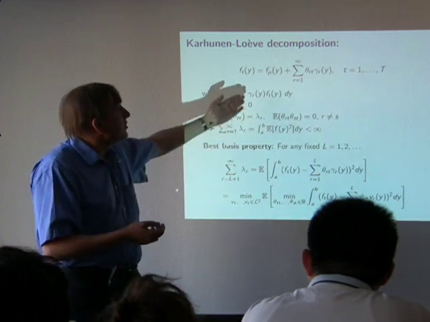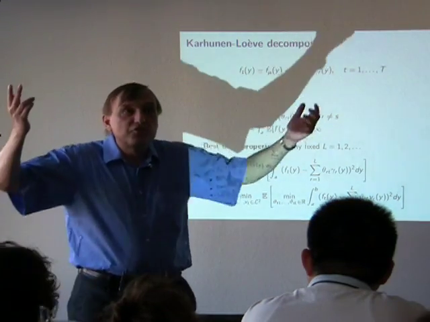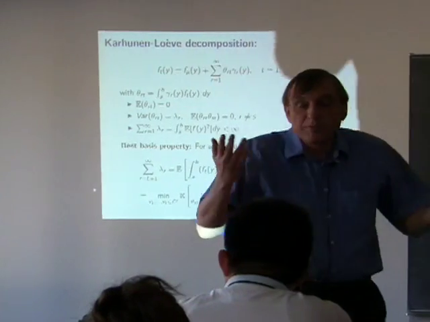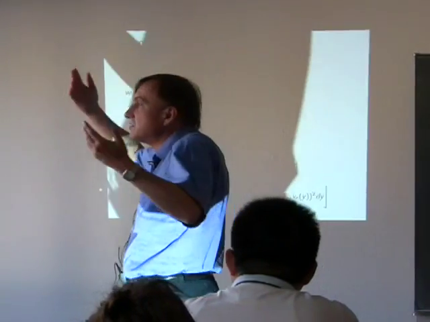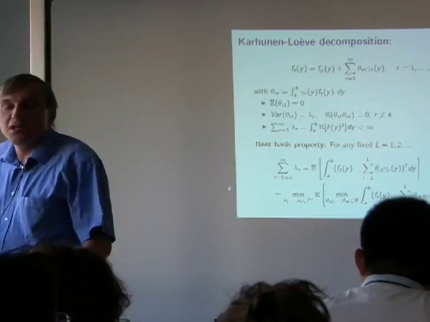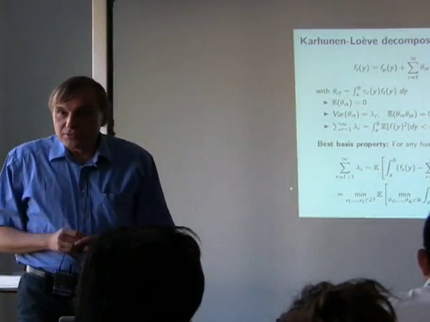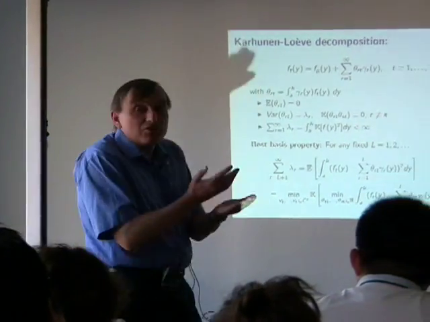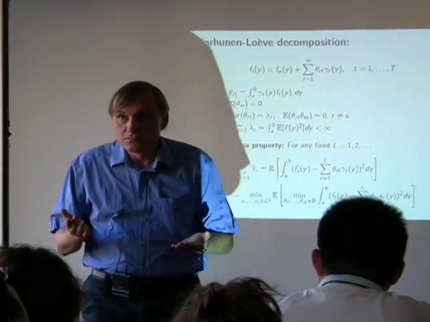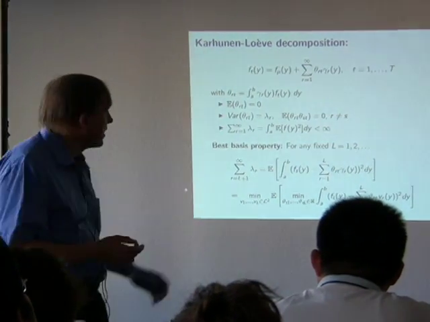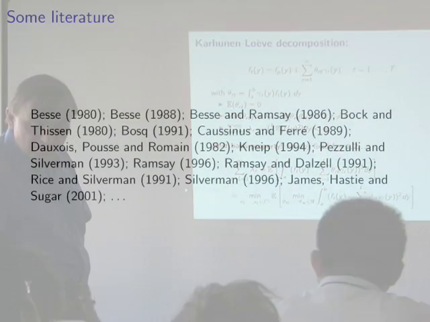You could also approximate your f's by a Fourier basis, but to get good approximations you will need something like 60, 70 components. But with these gammas, perhaps you only need 3 or 4, because this gives the best possible approximation. So this best basis property is the essential thing.